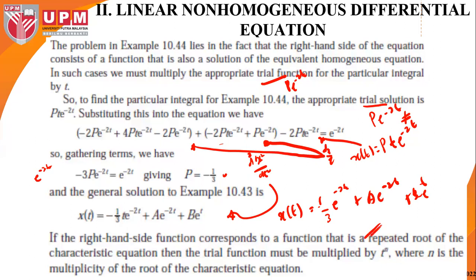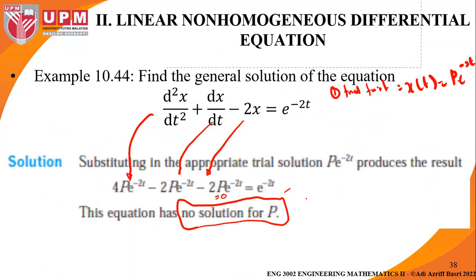So then you will get the answer. The key point here is you need to change from p e^(-2t) from here to here to get the answer, if your first trial gives you 0.